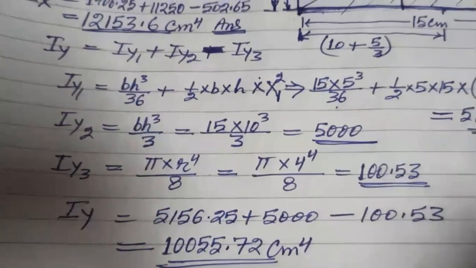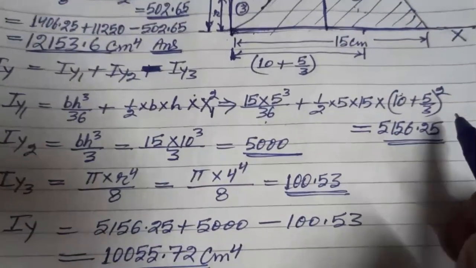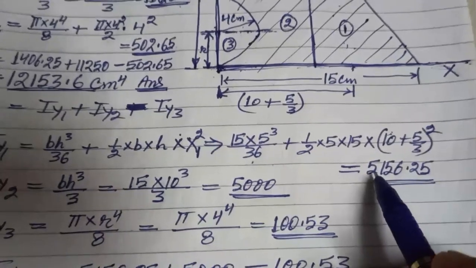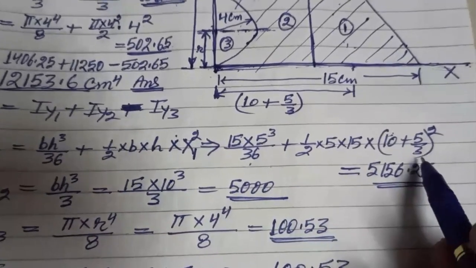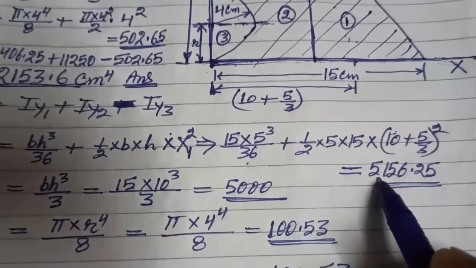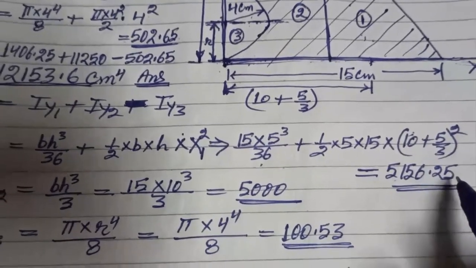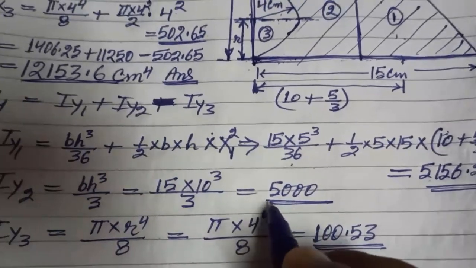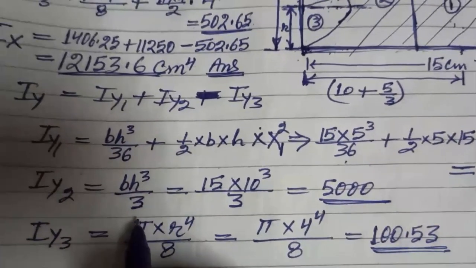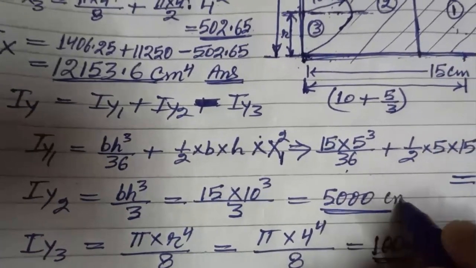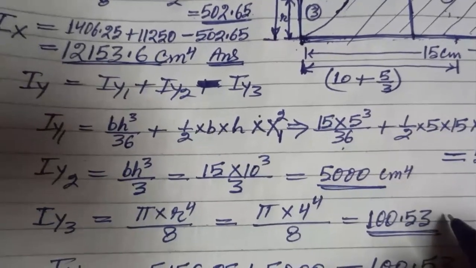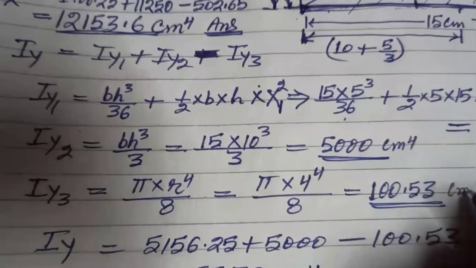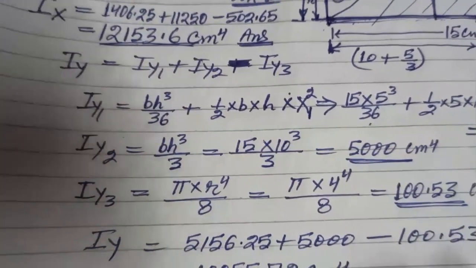And here again, on solving these values, we are getting this value 5156.25 centimeter to the power 4, and from this bh cube by 3, this is also in centimeter to the power 4, and for this semicircle it is also centimeter to the power 4.